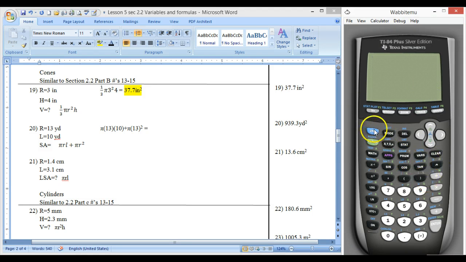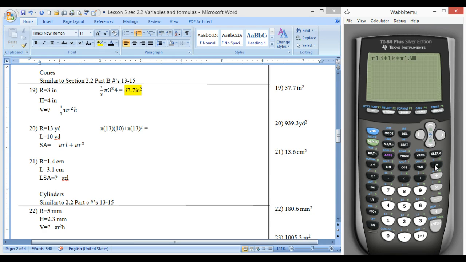So I would do second, pi is here on the caret, 13 times 10, and I have to do the times sign there because the calculator would think it's 1,310. So I do have to put it there. Plus pi again, second pi, and then 13 squared.